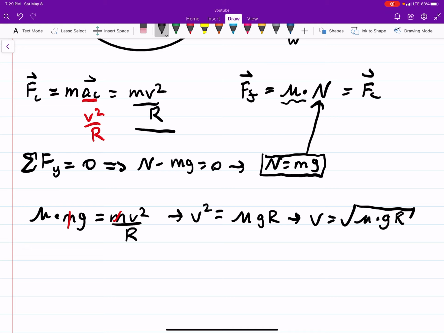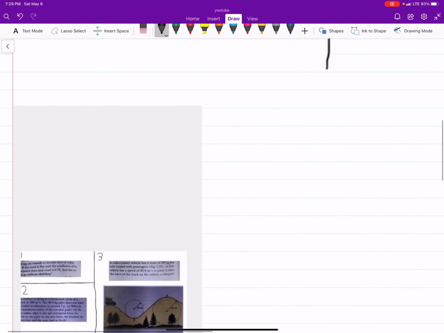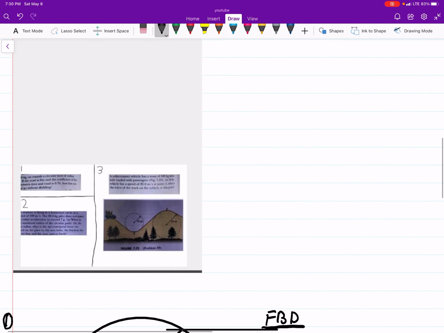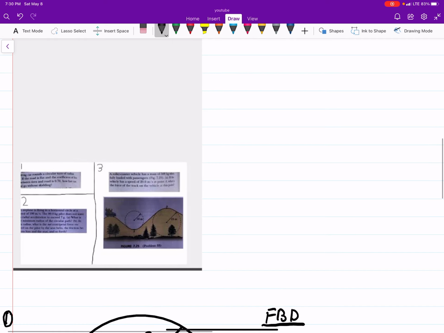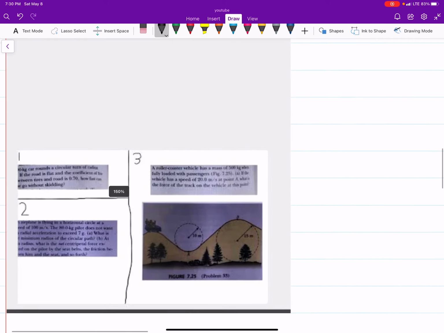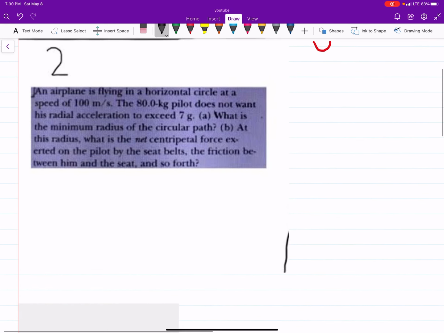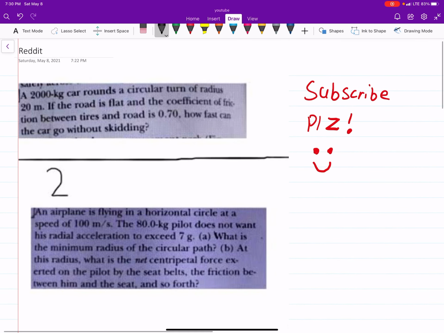And if you plug those into your equation, we're given all of that stuff. So our mu is 0.70. It's kind of hard to see. Here it is.